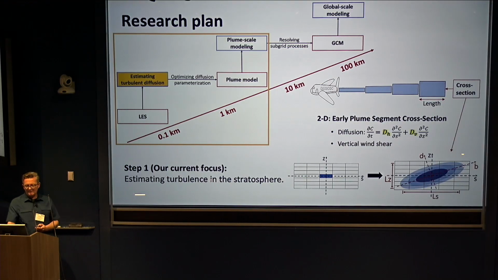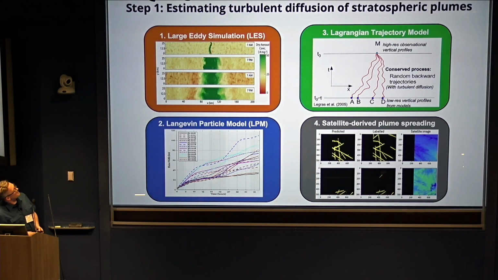Our first focus is assessing what we know about turbulence in the stratosphere, ultimately wanting to derive things like diffusion constants, and understand that these are not constant but variable, and how we can incorporate that into models that can then be used to do plume spreading at the GCM scale, and looking at vertical wind shear as well, which turns out to be very important for plume spreading.